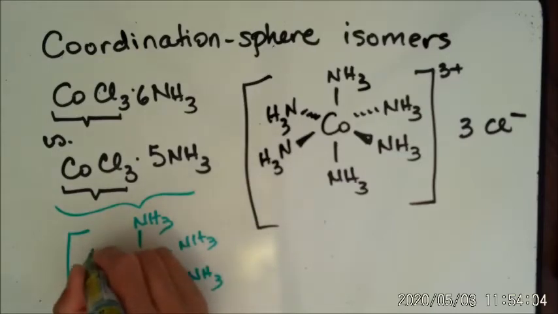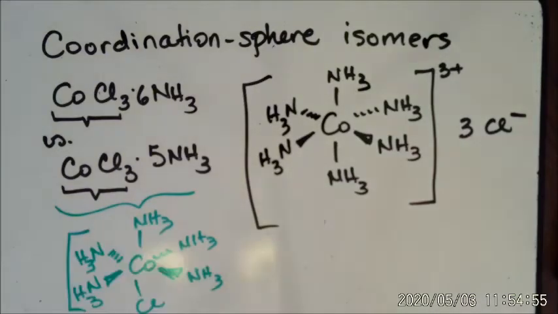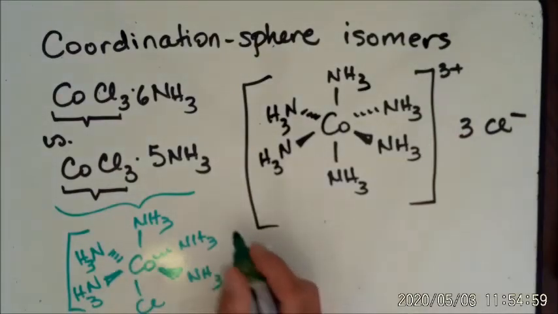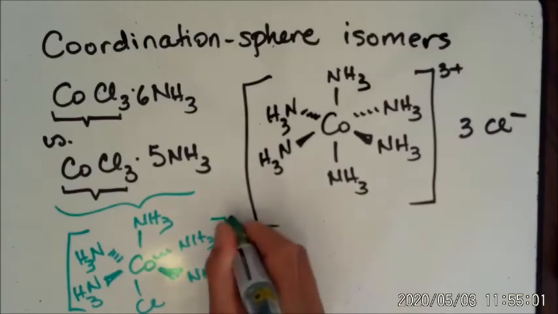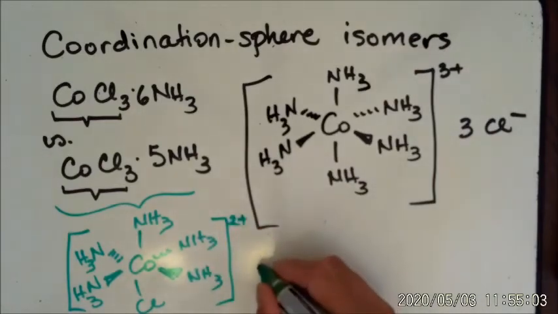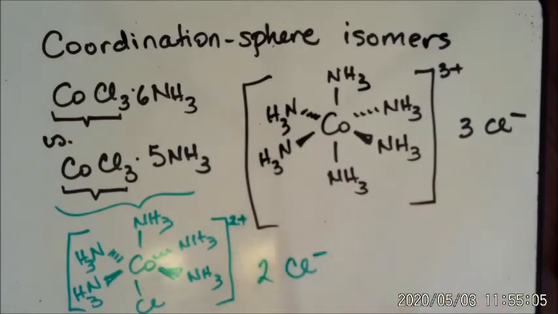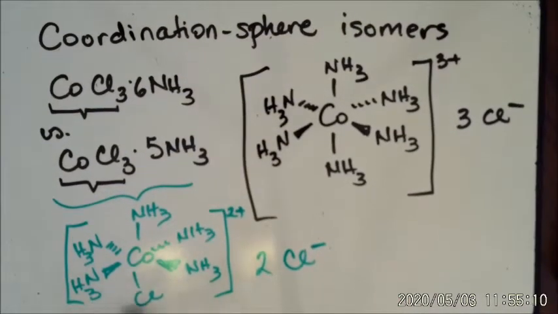The second one has a different coordination sphere. The bottom line with this one is I have a different number of ammonias bonding to the cobalt and the chlorine.